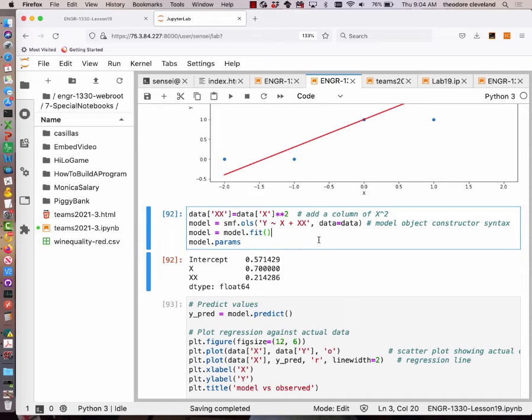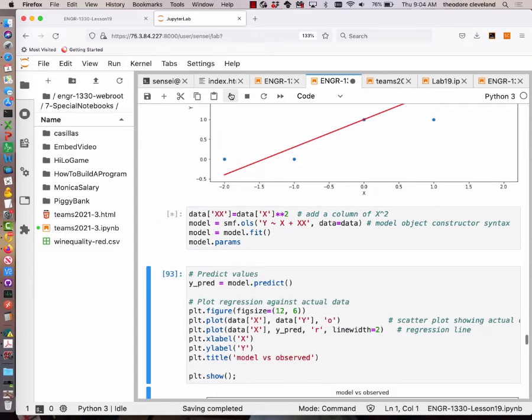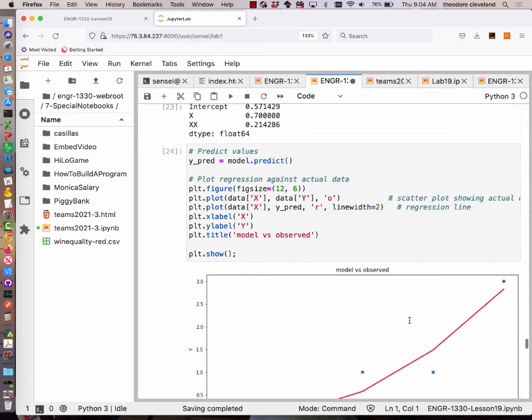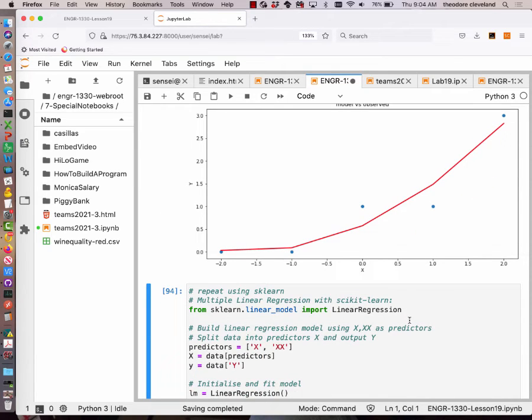This is basically the Michelob Budweiser equation. And we'll go ahead and run that. And now when we do the plot, we've picked up the curvature, and that is one way of doing linear regression and multiple linear regression. And it has the nice feature that it's relatively trivial to add predictor variables in this case.